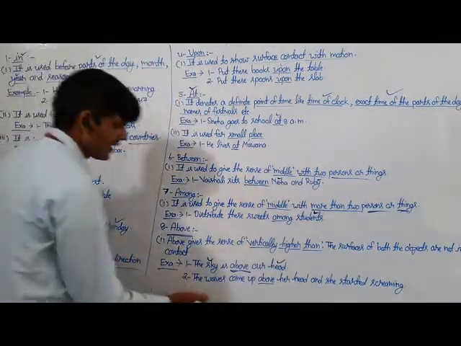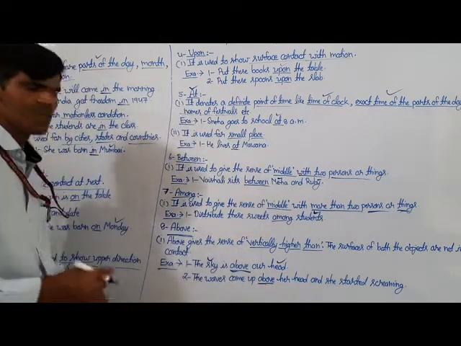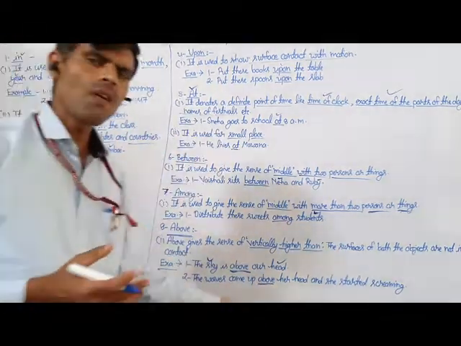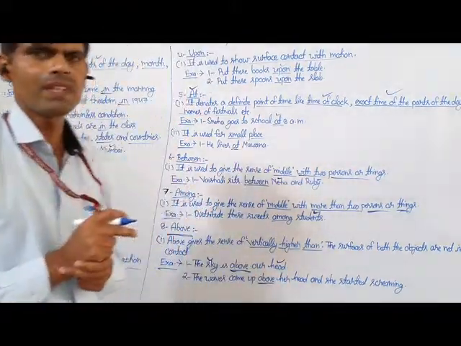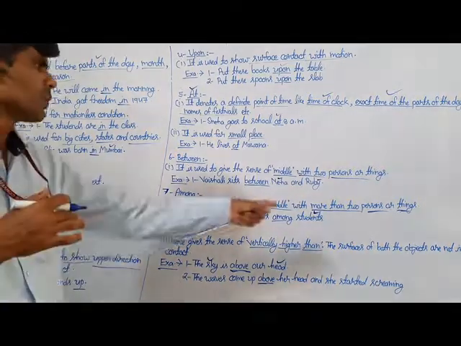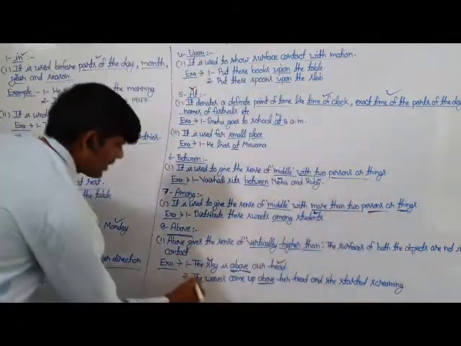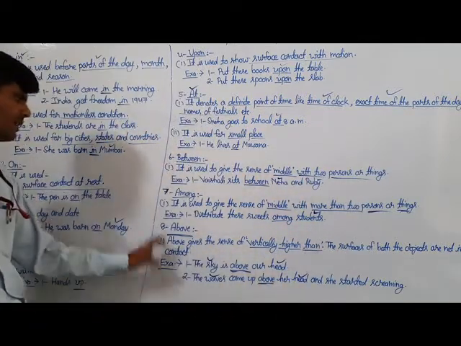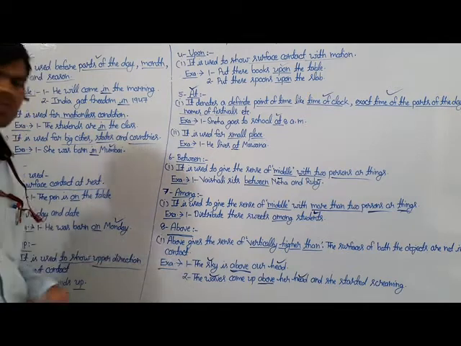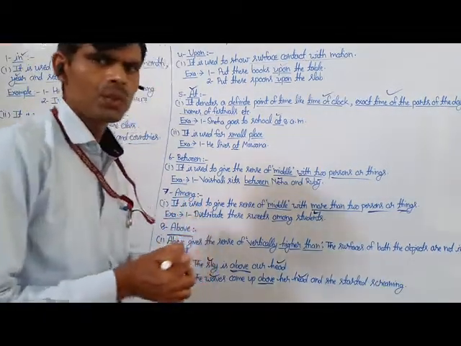Here in the second sentence, the underlined word above is a preposition used to show the sense of vertically higher than, and there is no surface contact between the two objects, waves and her head. So above also gives the sense of vertically higher than, and there is no contact between the two objects.